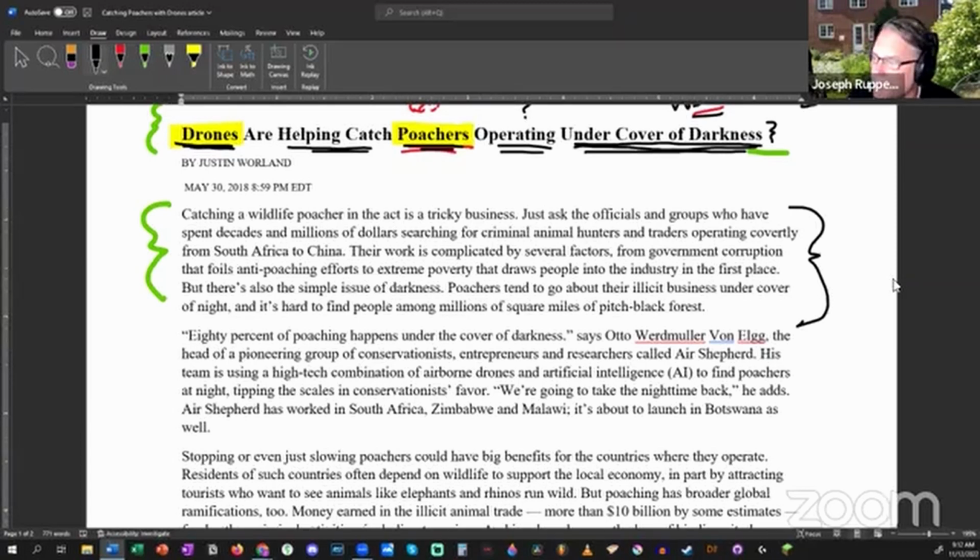Their work is complicated by several factors, from government corruption that foils anti-poaching efforts to extreme poverty that draws people into the industry in the first place. But there's also the simple issue of darkness. Poachers tend to go about their illicit business under cover of night, and it's hard to find people among millions of square miles of pitch black forest.